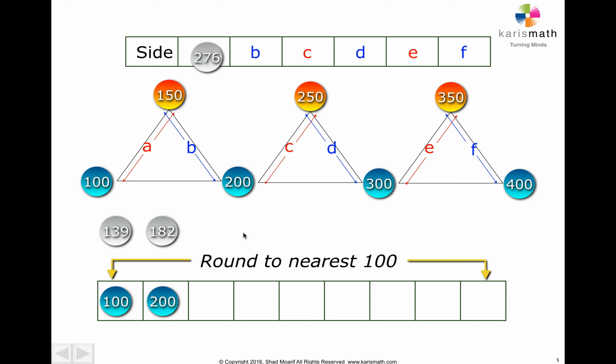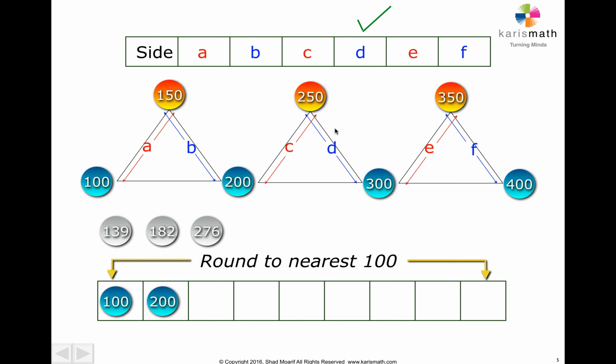And now I can give you numbers like this one, 276. Which mountain does it fall in? The first one, the middle one, or the third one? 276. The middle one, because all the numbers between 250 and 300 fall on this slope. Very good.